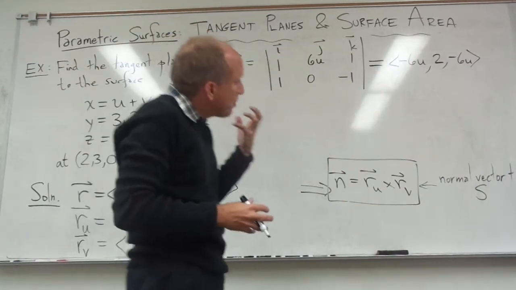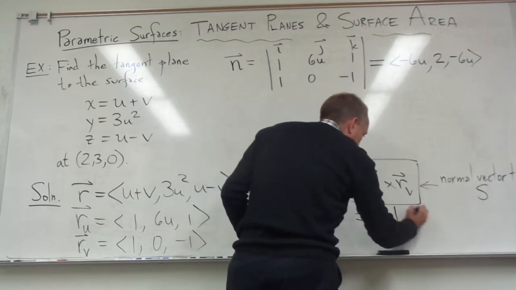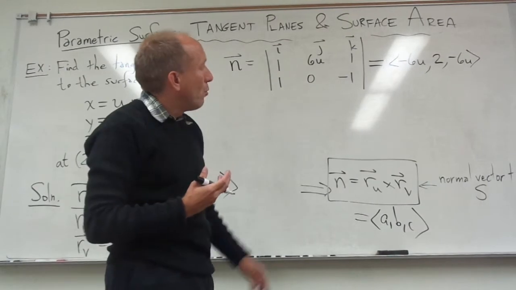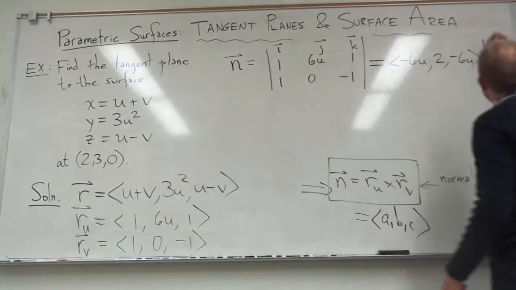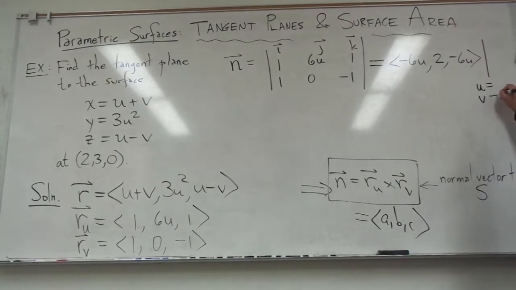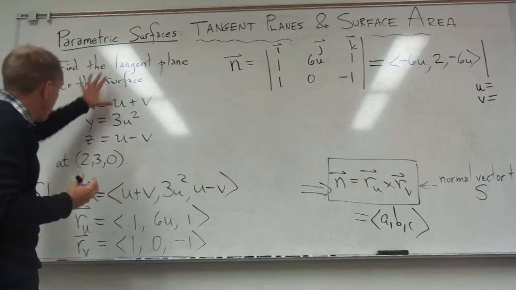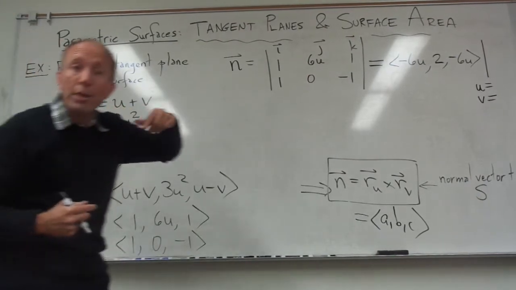I need a specific normal vector of three numbers, a, b, c. In order to figure out what a, b, and c are, I need to evaluate this at the appropriate values of u and v, which are the parameters in this description of the surface. So I need to know the parameter values.